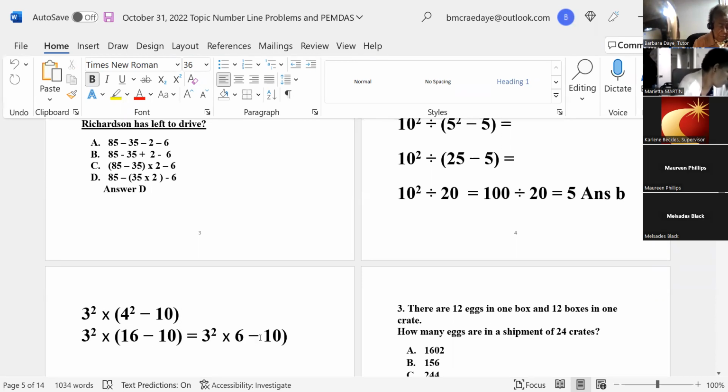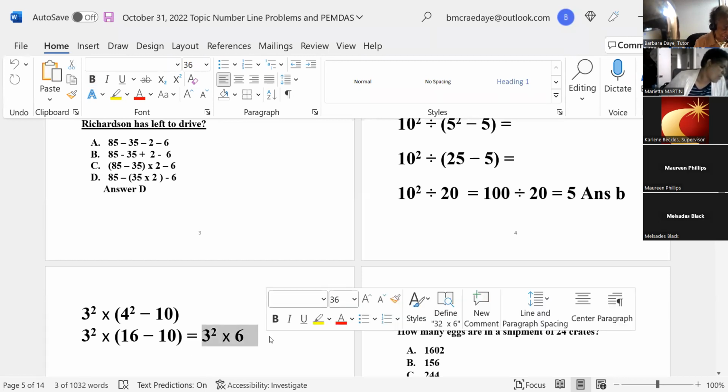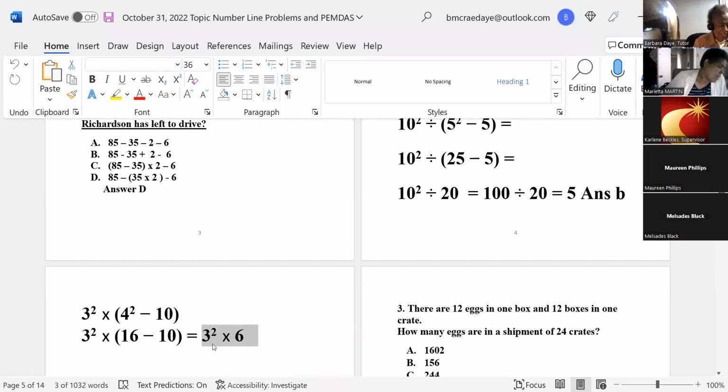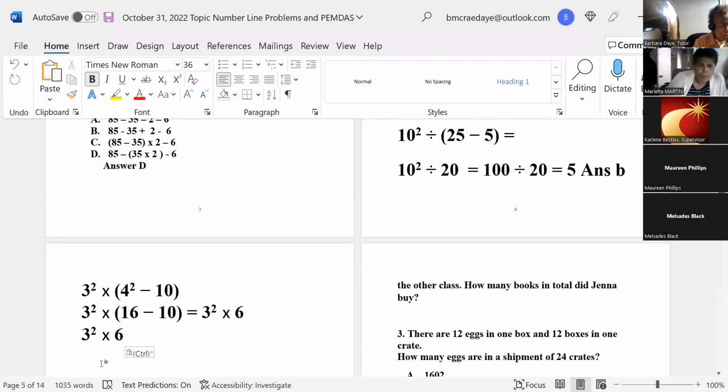Okay, what did you do next, Maureen? Multiply 2 3 times. So that gives you what? 8. Maureen, isn't that a 3? 3 to the second power. They said 3 to the second power, right?